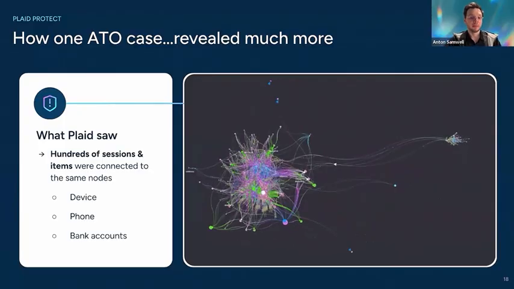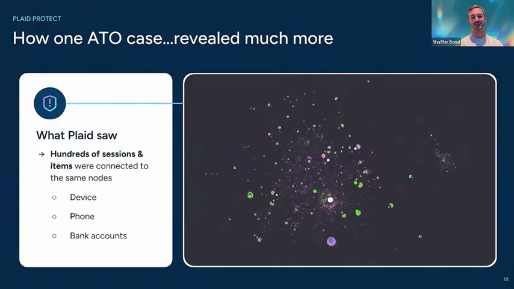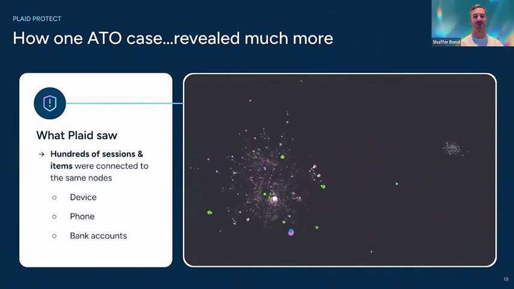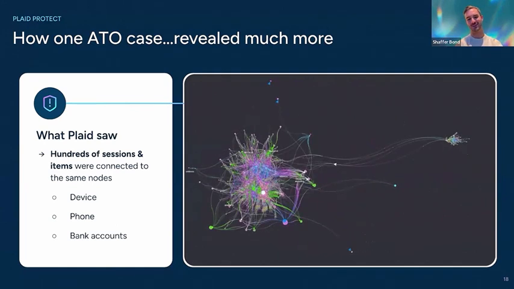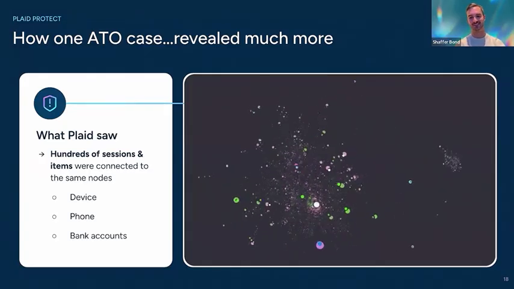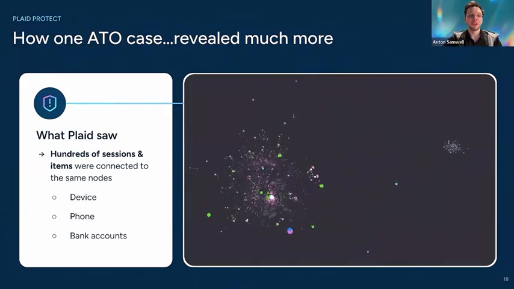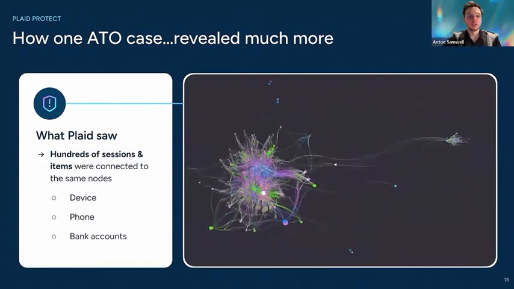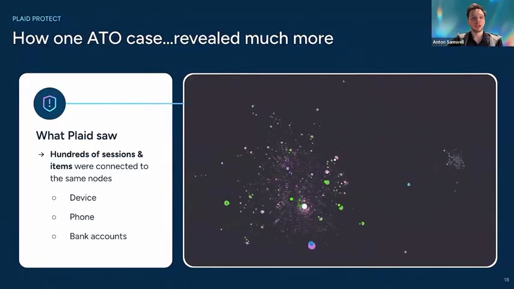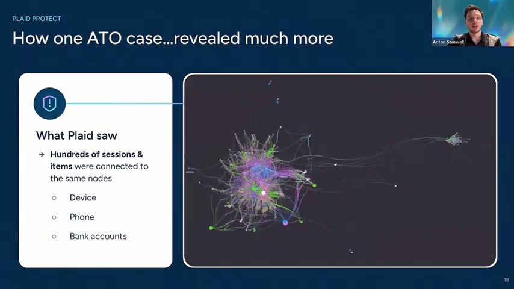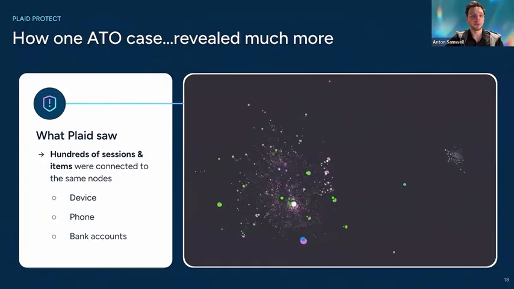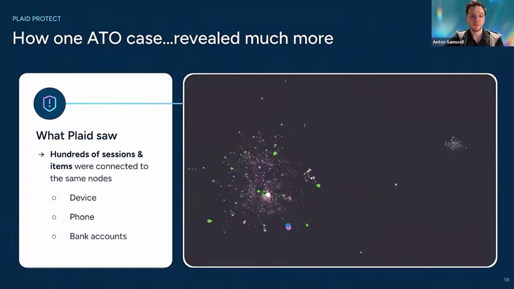It kept expanding. Okay, so Anton, this graphic is amazing, but I'm assuming everyone is wondering, what are we looking at here? What do these nodes and connections actually represent? Yeah. So these nodes and connections are users and bank accounts and all of the different pieces that connect them together, like devices, phone numbers, and even if the same bank account is connected to multiple different apps, you would see that connection in the graph as well.